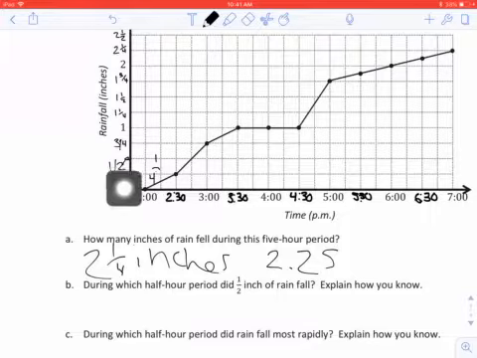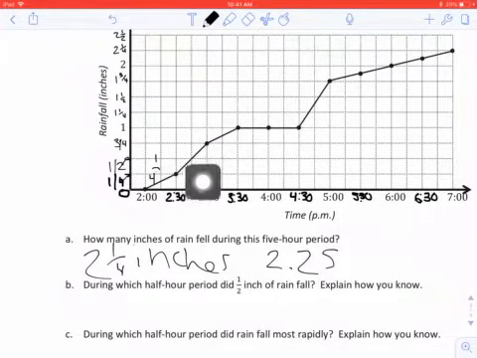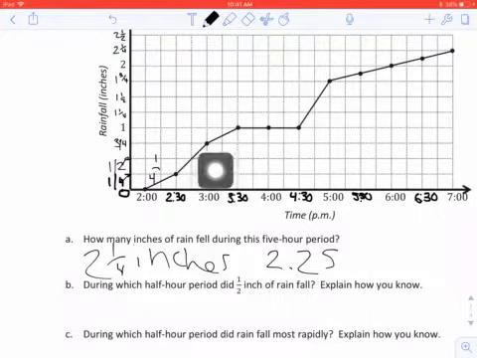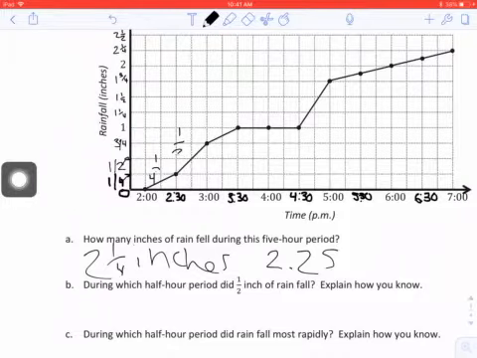So these 2 lines, so between here and here, that is 1/4 plus 1/4, which is equal to 2/4 or 1/2. So between these 2, this 30-minute period, 1/2 inch of rain fell.